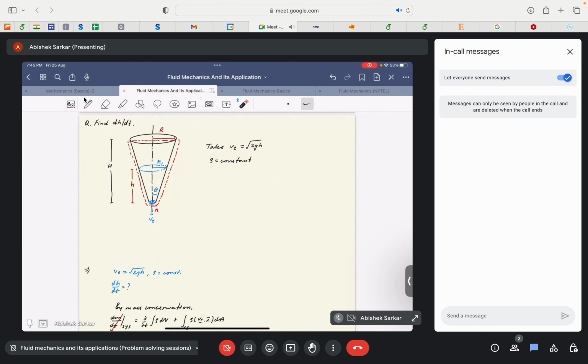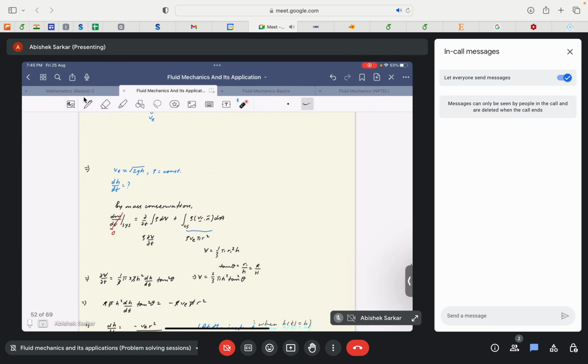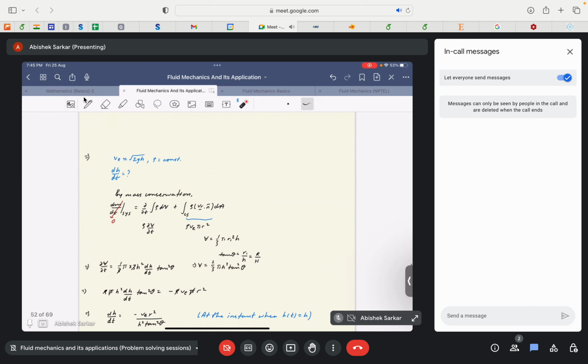So we need to find the rate of change of the height of the liquid level in the funnel while the liquid pours out from the exit at the bottom of the funnel. So we directly apply mass conservation here.